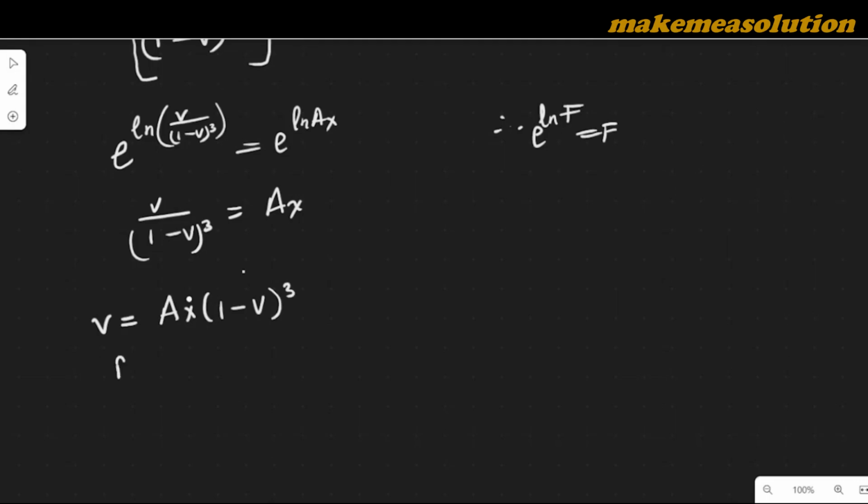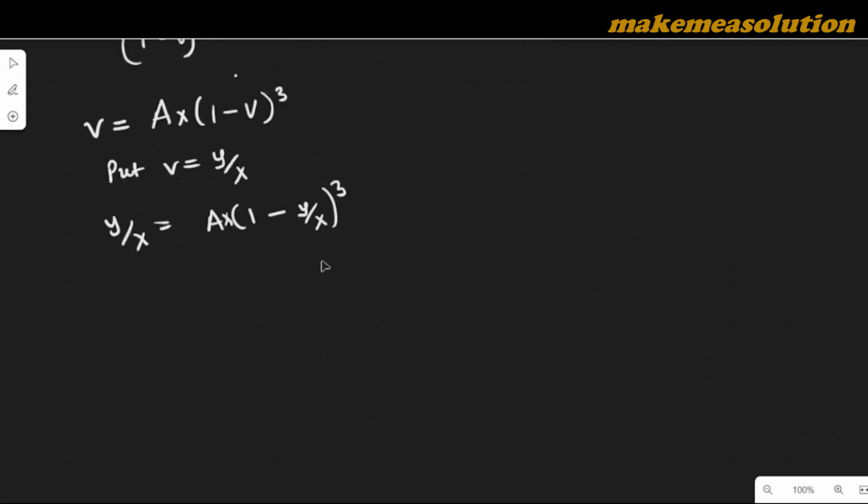So put v equal to y over x. So y over x is equal to a into (1 minus y over x) whole cube.